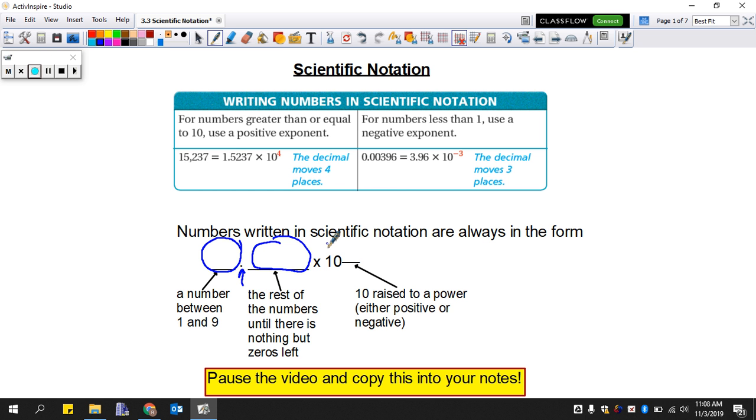There can be zeros in here, but as long as there are other non-zero numbers after that, you would keep going until there's nothing but zeros left. And then your exponent is either going to be a positive or negative number that tells you how many times you've moved that decimal point either right or left. So pause this video and copy this information into your notes.